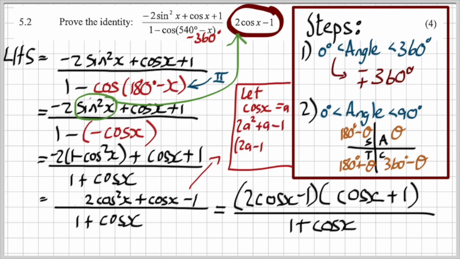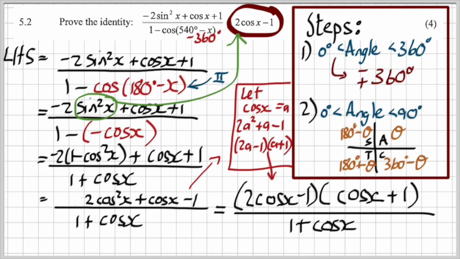And then I'm sitting with 2a squared plus a minus 1. Now my students go, oh, sir, that's easy to factorize. It's just 2a minus 1 and a plus 1. Yes, great.